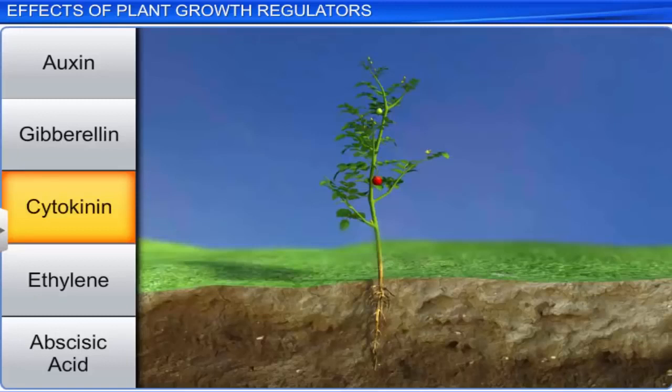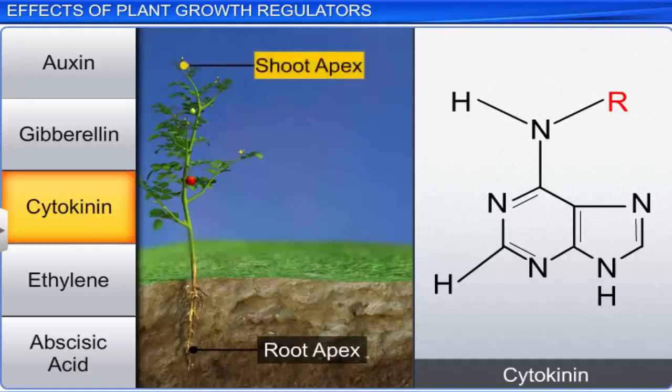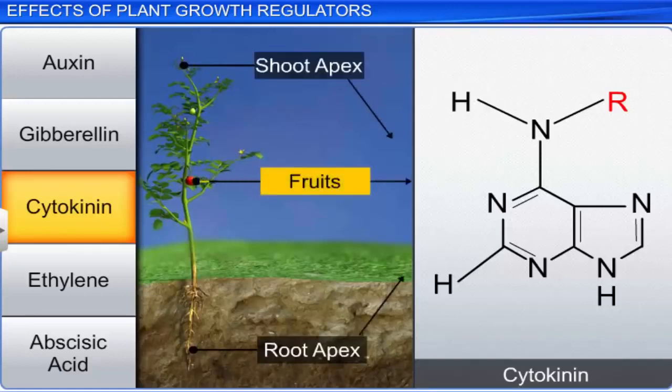And much later, naturally occurring cytokinins were identified in specific regions of plants such as the root apex, shoot apex, and fruit to promote growth.